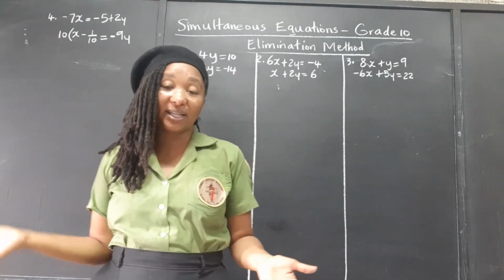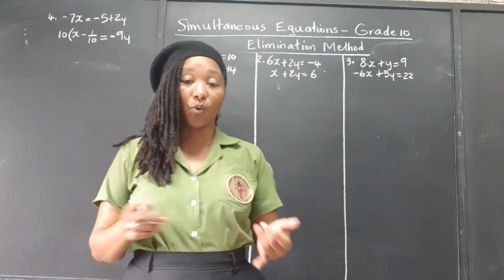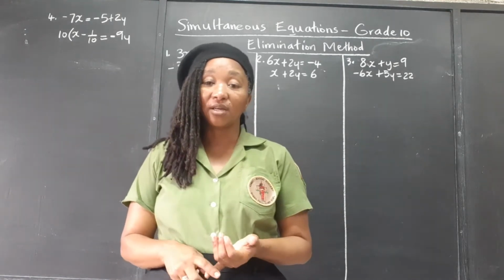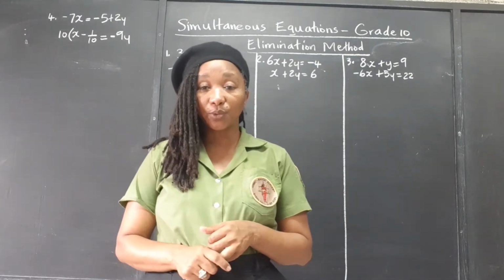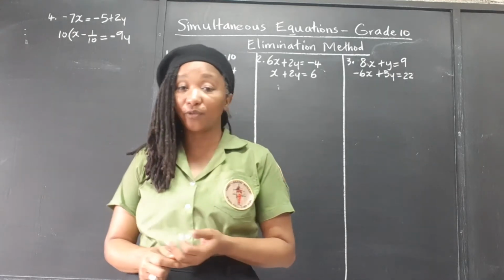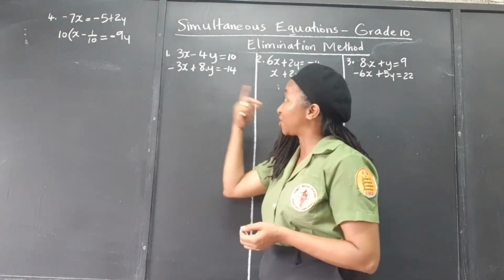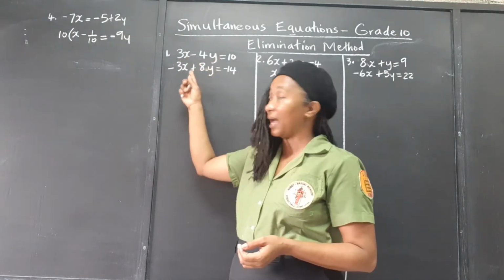Why do we call them simultaneous equations? Well, for two reasons. One, we are solving two equations at the same time, and two, we are solving for two variables at the same time. So if you notice, each equation has two variables. Here we have an x and a y. X and a y.